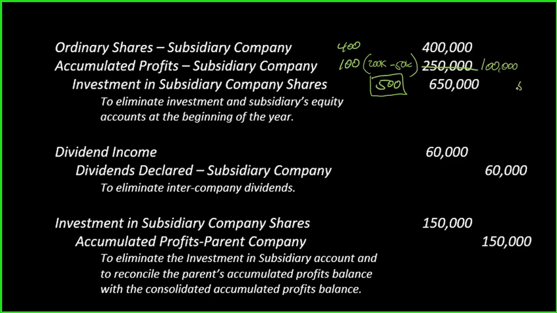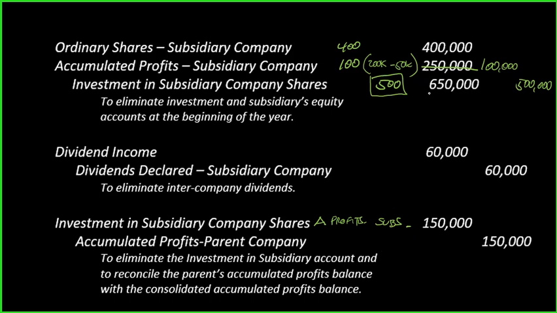This one should be still 500,000. But you will have a credit to accumulated profits of parent at 150. And this one will be accumulated profits, okay, of the subsidiary. So that's another alternative.